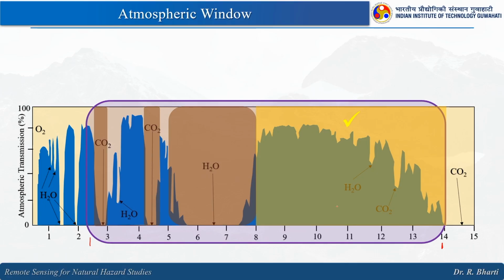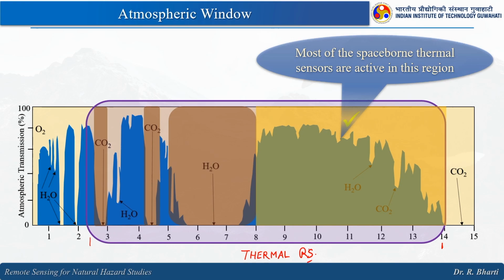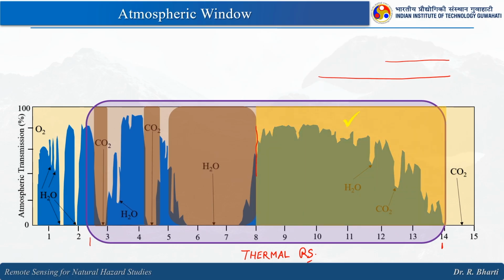This particular wavelength range is very important when we talk about the thermal remote sensing, and most of the space borne thermal sensors are active in this particular region, right.